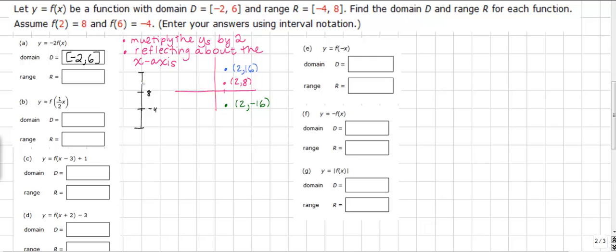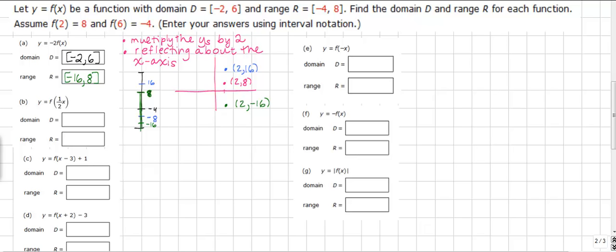So the y value 8 becomes y equals 16, and the y value -4 becomes y equals -8. And then if we additionally multiply each y value by -1, 16 becomes -16, and -8 becomes +8. So from bottom to top, our new range is the closed interval -16 to +8.